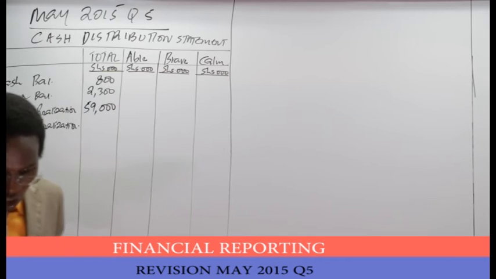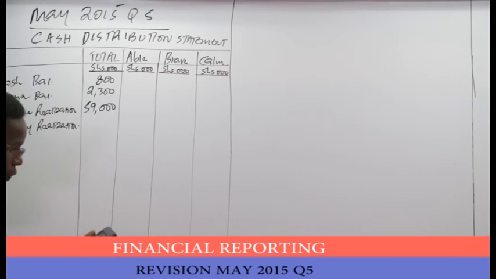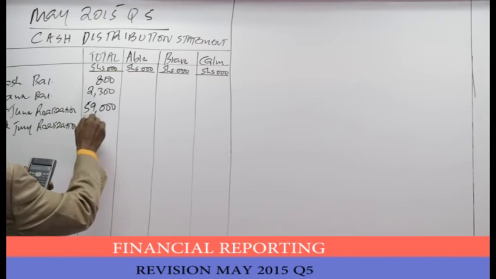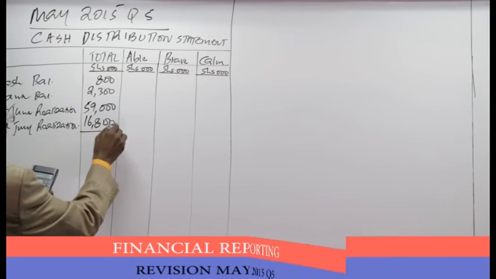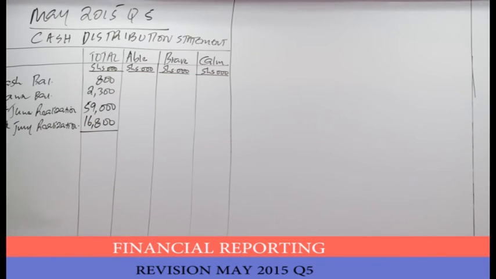Only 2: plant and machinery and trade receivables. So we have 16. Now, definitely here we are able to pay, because if you add that one, you add the 59, you add the 3,100, it comes to 78,900, and we were to pay 64 something. So let's come and now get the total cash.